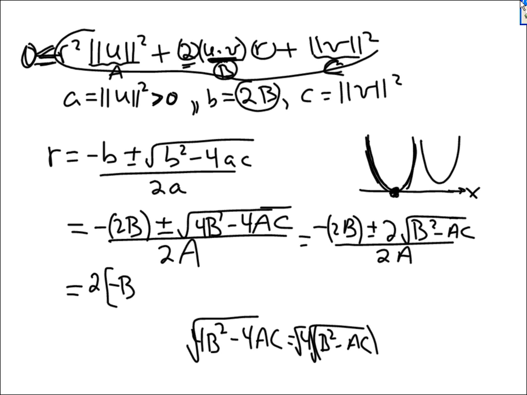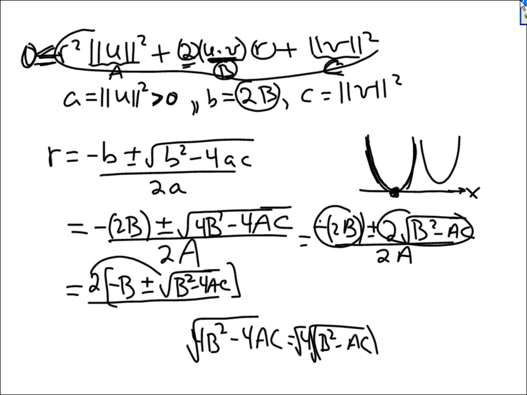2 times negative b gives me negative 2b, plus or minus 2 times the square root of b squared minus ac. That gives me this, all divided by 2a. I did all that just to say the 2's cancel.